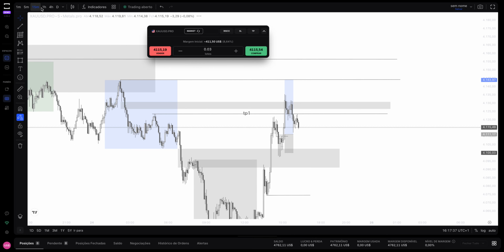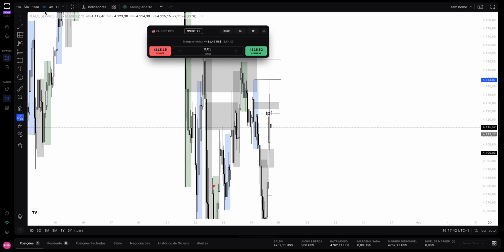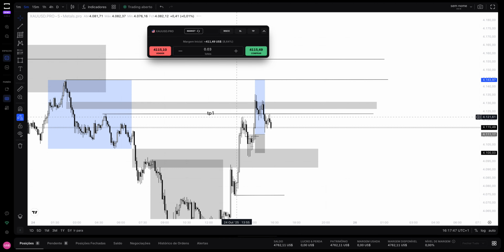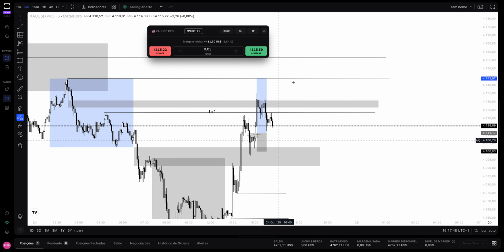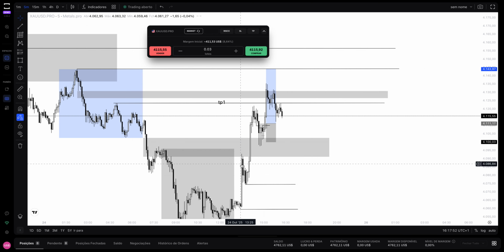Here we had these 1-hour inverse fair value gaps, these 15-minute inverse fair value gaps. So when we were here, I waited to see the retest, and then I would want to take a long. So here a bullish retrace, and I expected a continuation higher.